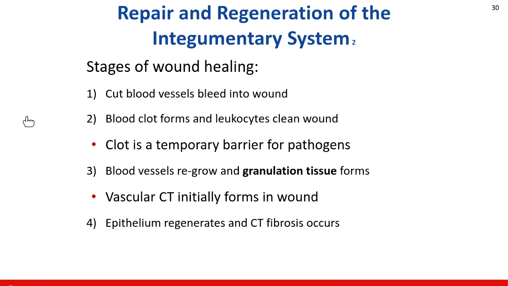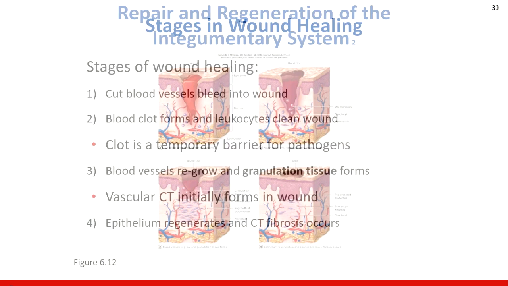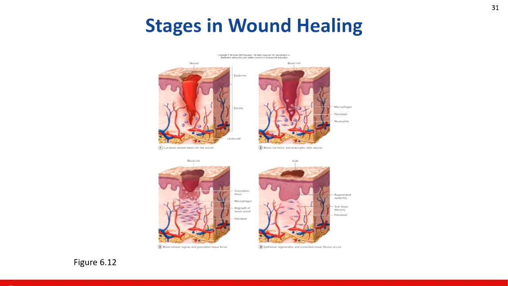And we're starting to regenerate those keratinocytes and those other cells there, but we'll still have our fibroblasts in that area, and they're going to continue to lay down that connective tissue, and that fibrosis is still going to be occurring. As you can see here, in this last stage, we've repaired the epithelium, so we'll start to regenerate those epithelial cells, but we still have our fibroblasts here laying down that scar tissue.